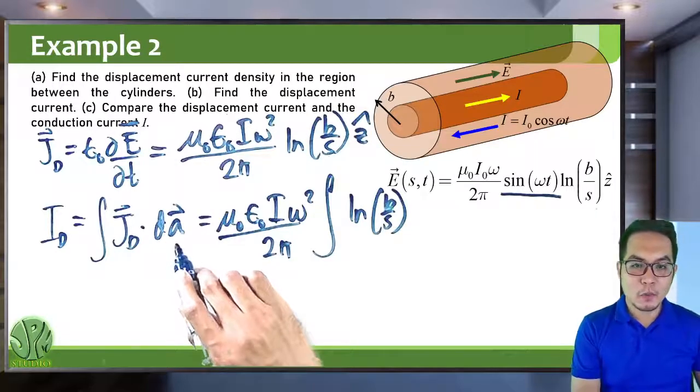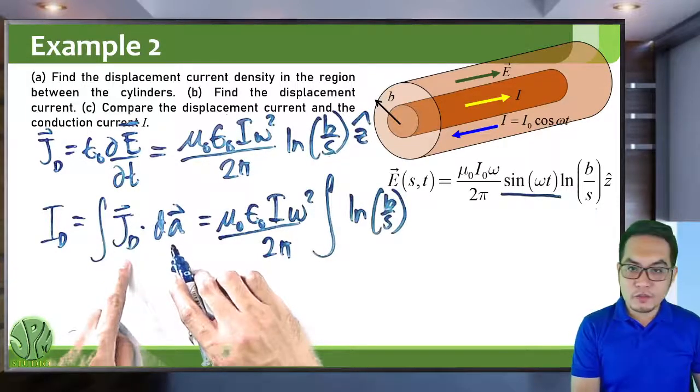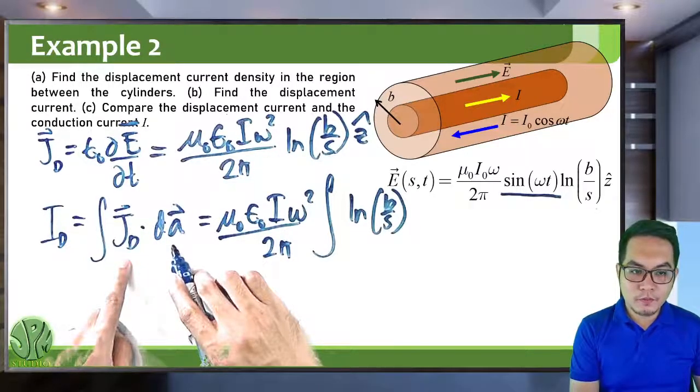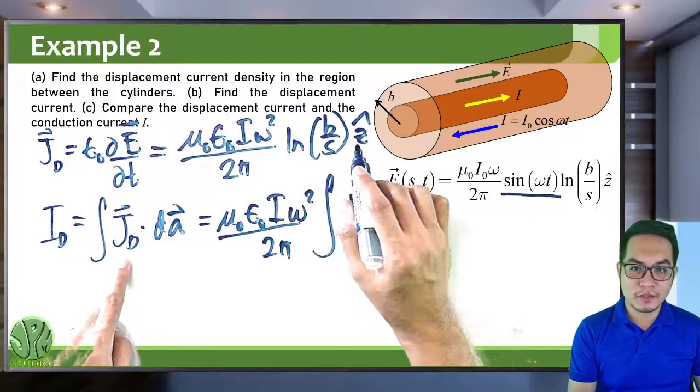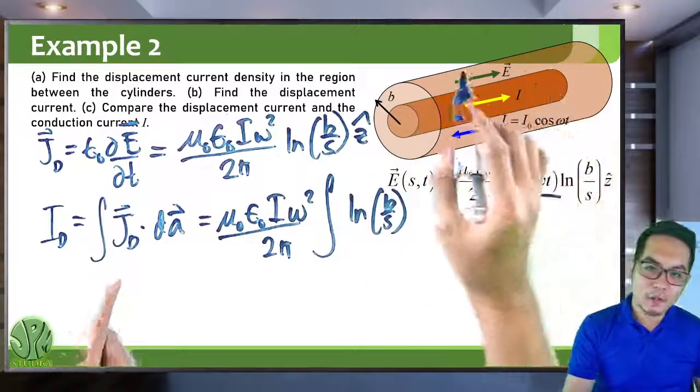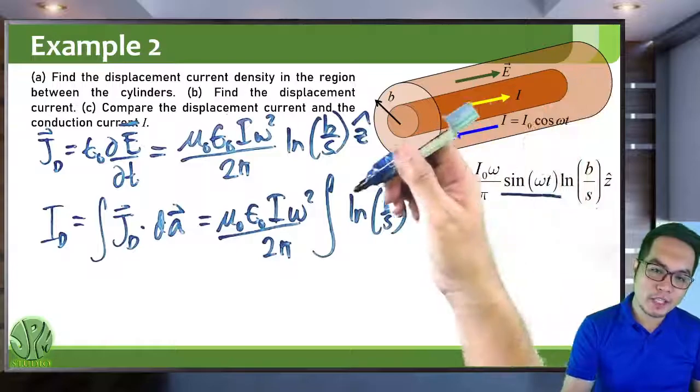Our dA here, we will assume that J and dA are in the same direction in this case. In this case, it's along the z hat direction, but it's actually oscillating. So it's positive z hat half the time, negative z hat half the time.